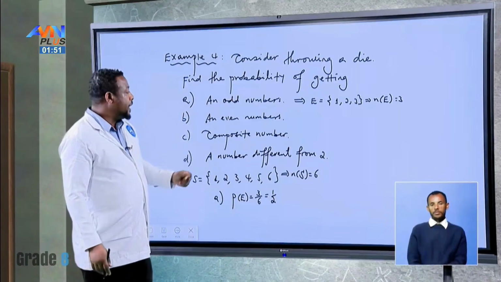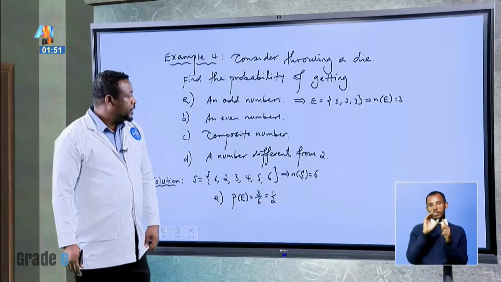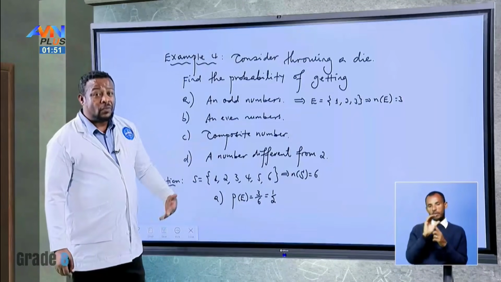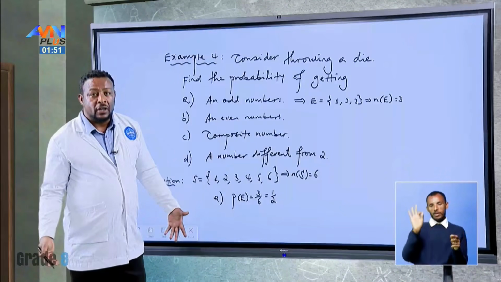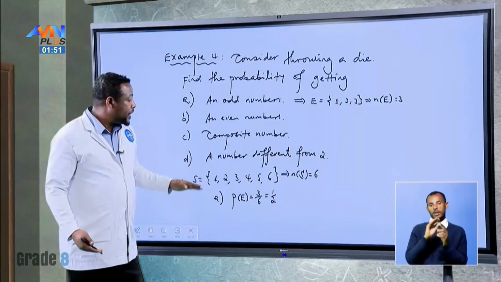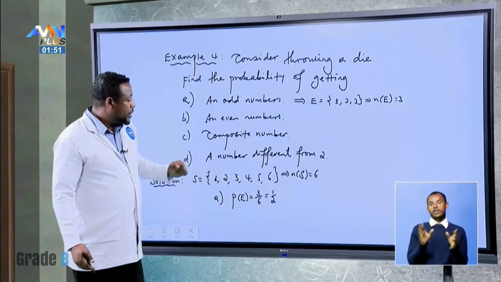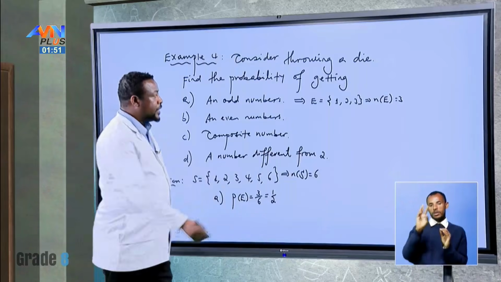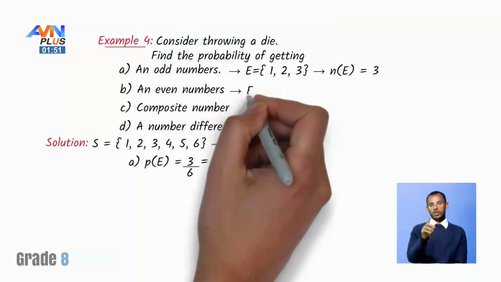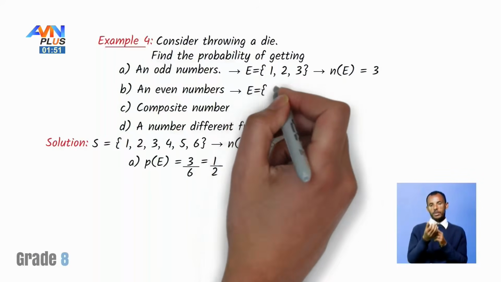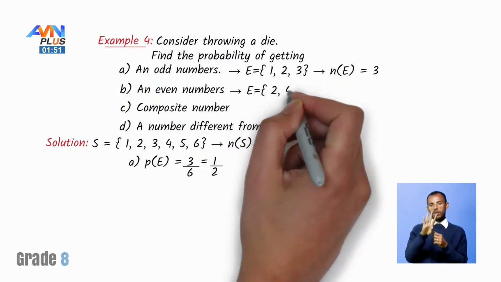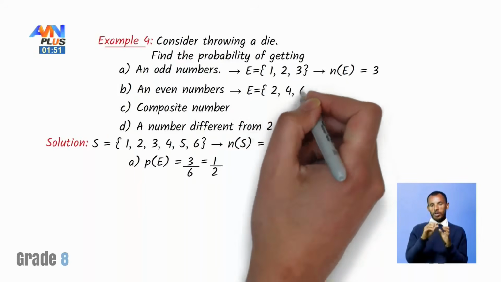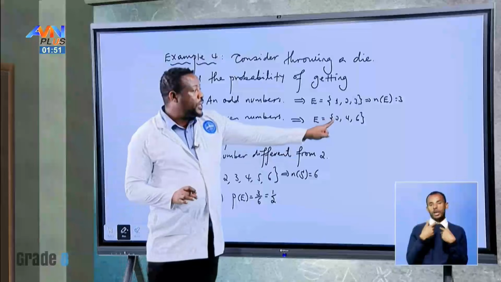Here, let's see the second event, the probability of getting an even number. So what are the even numbers in this set? The even numbers are 2, 4, 6. So you have to list the events 2, 4, 6. How many elements do we have here? 3 elements.